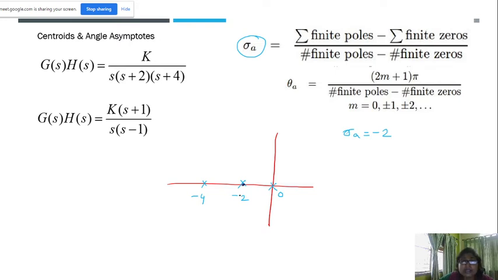And at minus 2, what we have to draw? With the protractor, we will draw 3 lines: one is 60 degree, one is 180 degree, and another one is 300 degree.